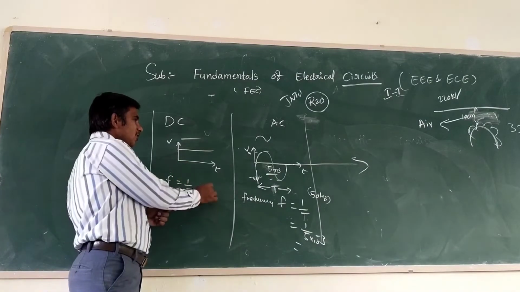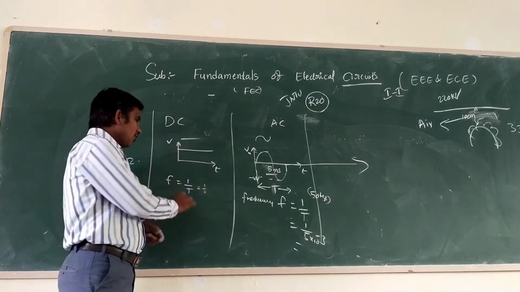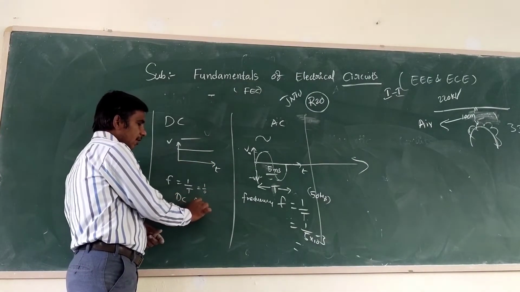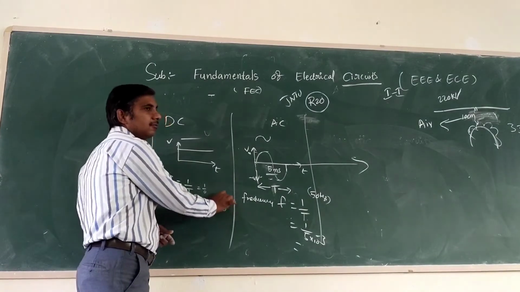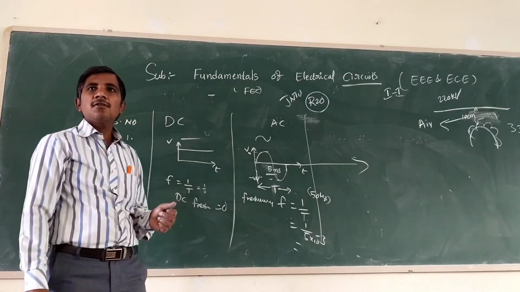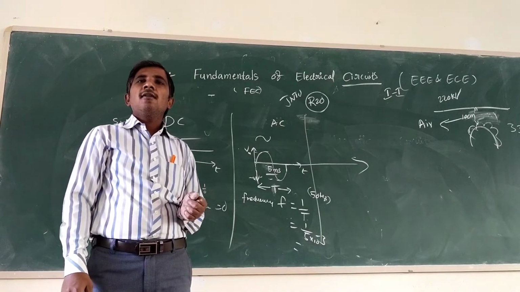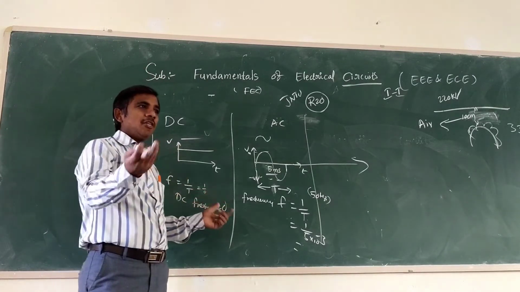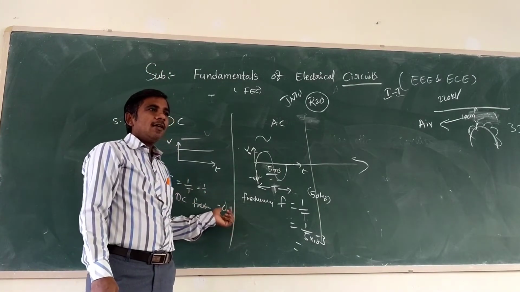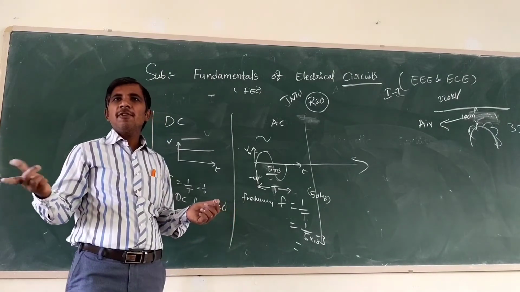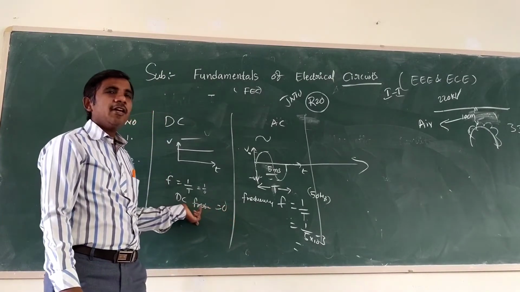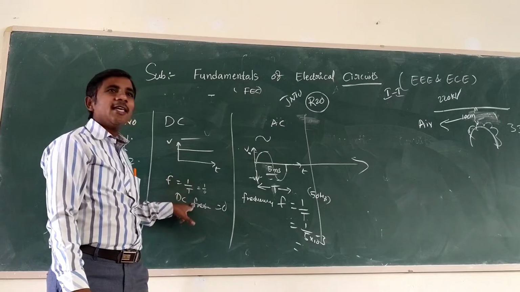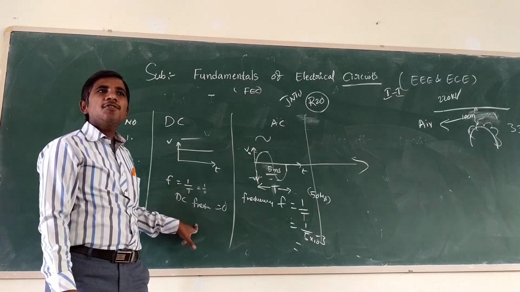But infinity is not the frequency. DC has frequency 0. DC frequency equal to 0 Hz. Infinity in the sense more than 0, we can't write it infinite. But DC has frequency 0 Hz.